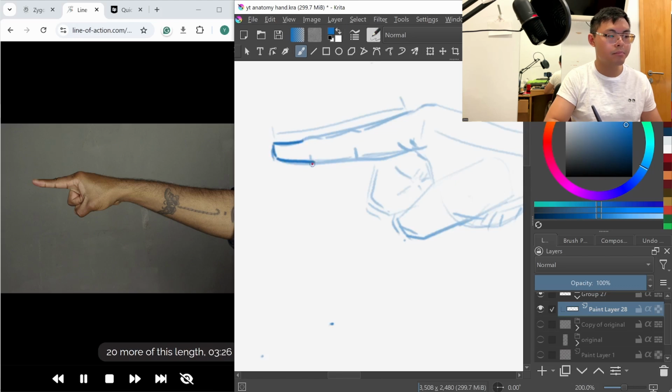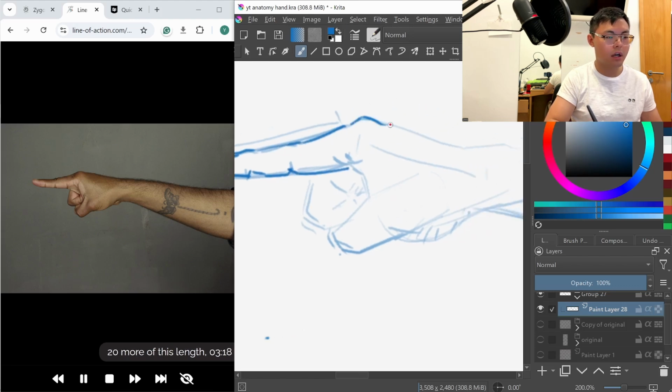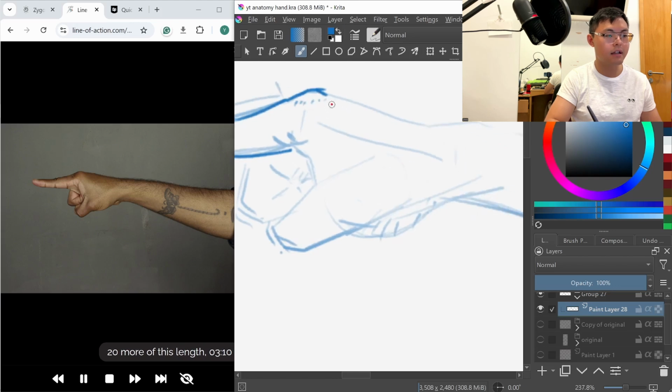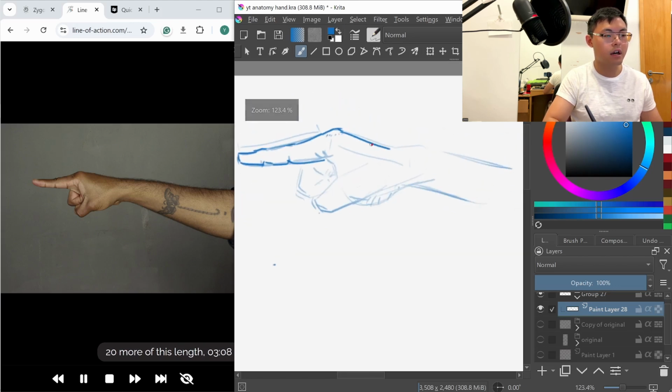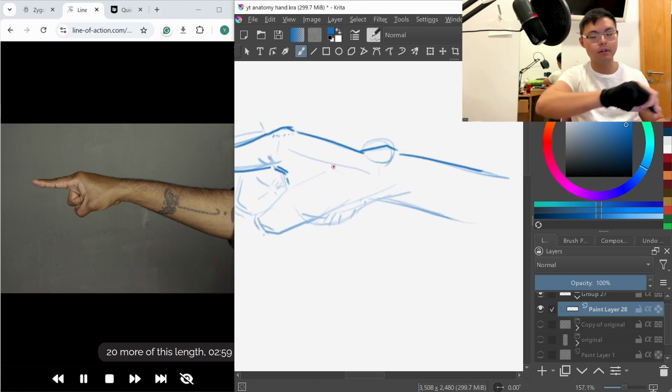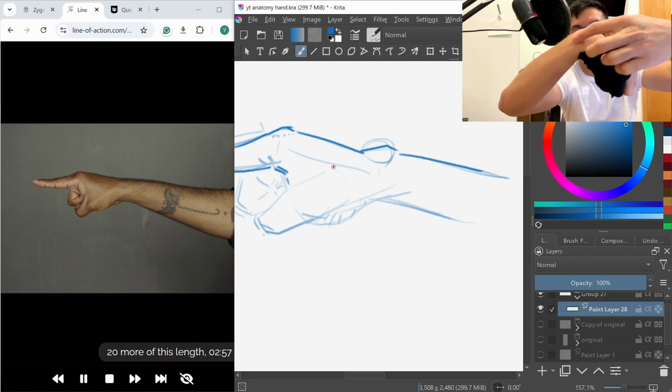If you know the bony structures, you can make some areas really sharp. So this is sharp, while previously I would draw it like this, right? But now I know it's the bony structures like that, so I could draw it very sharp. That's that part. That's the ulnar bone. There's a bony structure here.